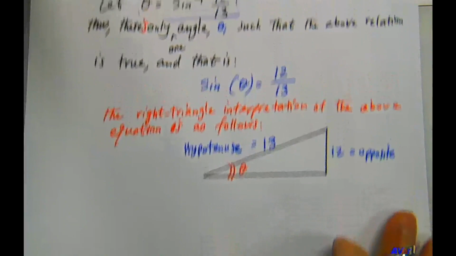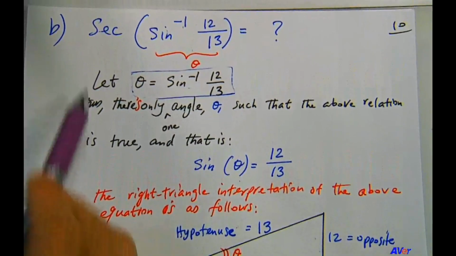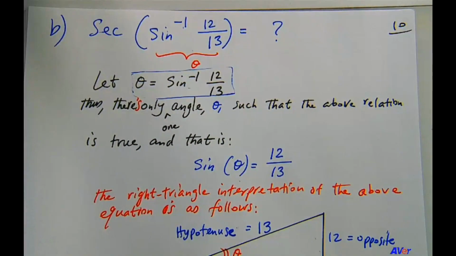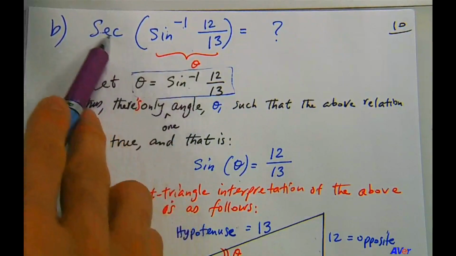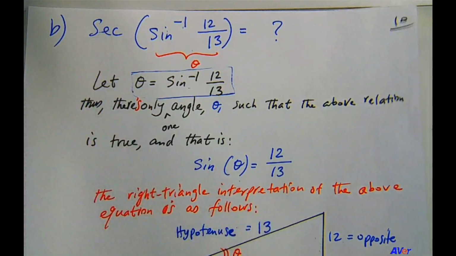So now, based on this configuration, let's write secant of theta. Let's find secant of theta. We know where theta is in relation to these two sides. So let's find secant of theta.